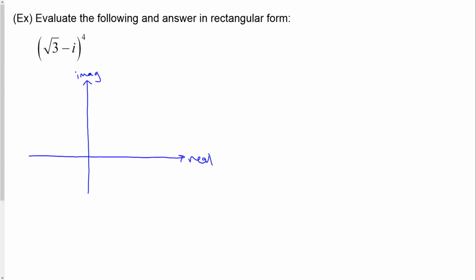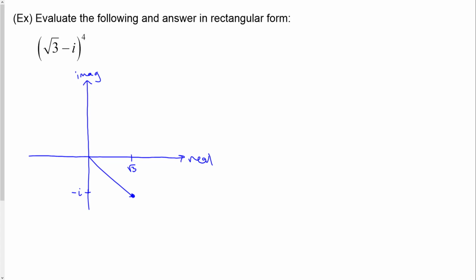Now the real part of this number is the square root of 3, so I'll go positive root 3 on this axis. The imaginary part is negative i, so I'm going to go down i this way. There's my value, and I'll just sketch it like that.